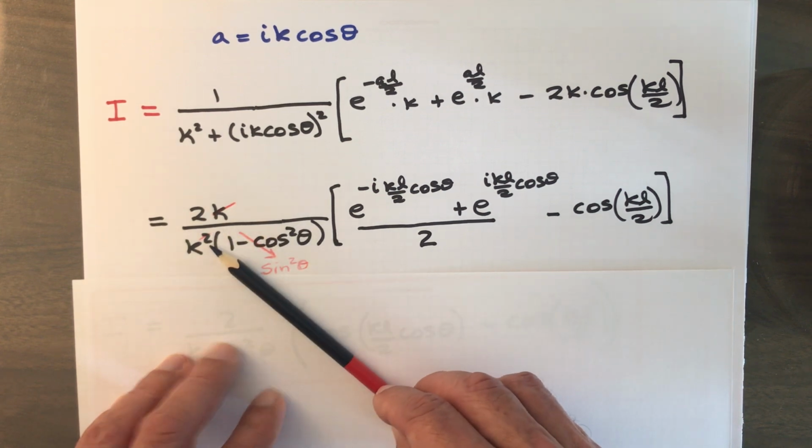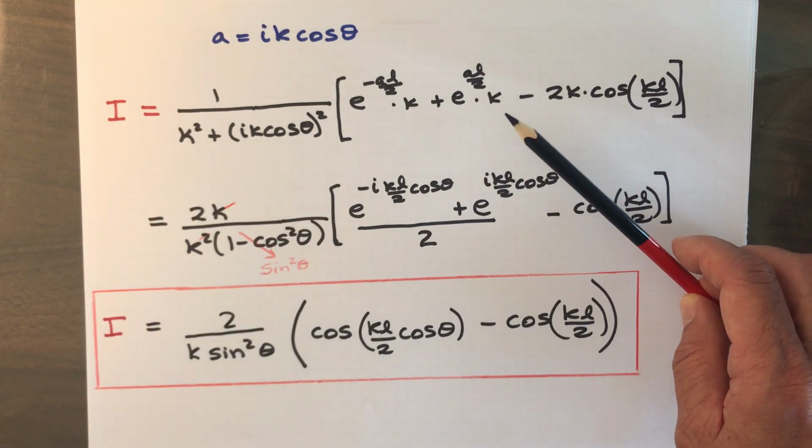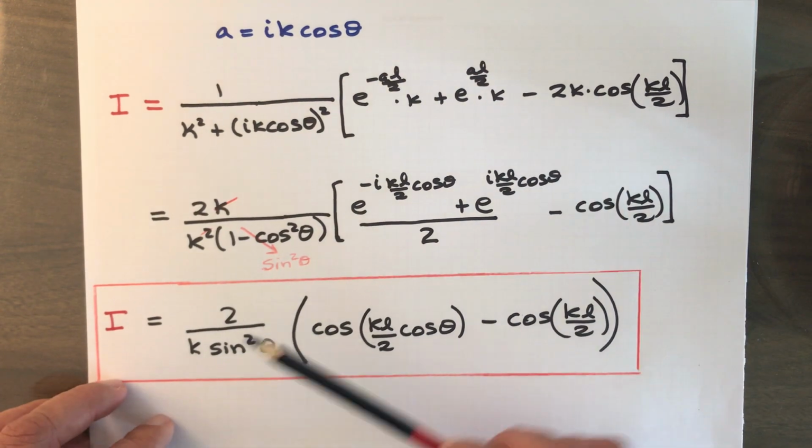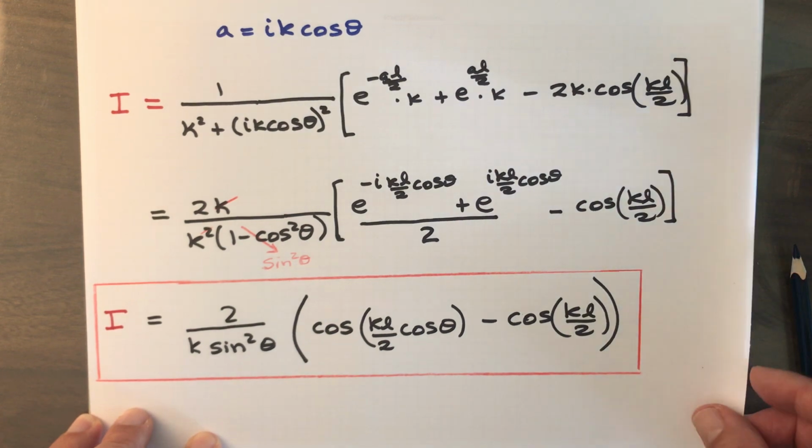One of the k's cancels in the denominator, and the k cancels in the numerator. And our final expression then for our integral is I equals 2 over k sine squared theta times this cosine term minus cosine kl over 2.